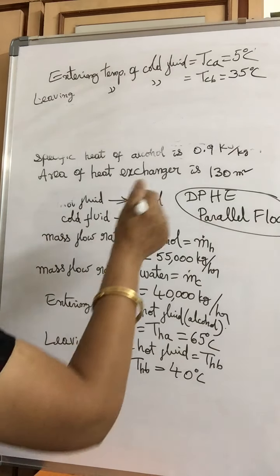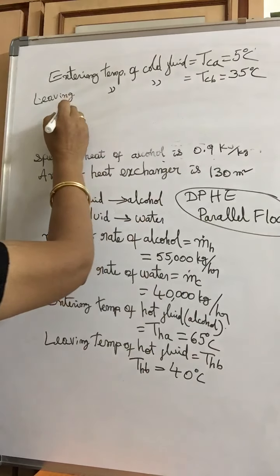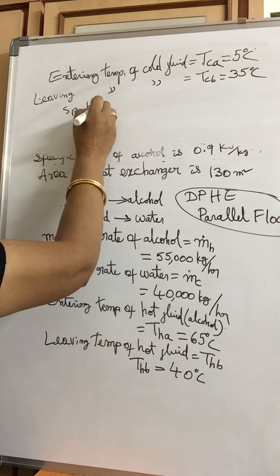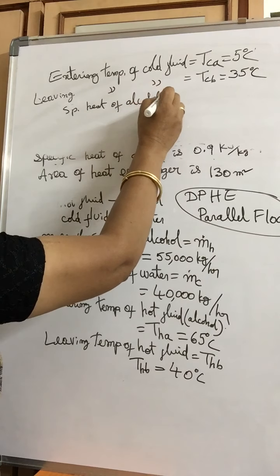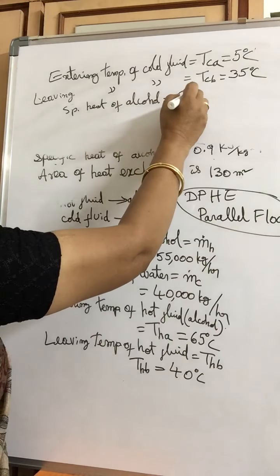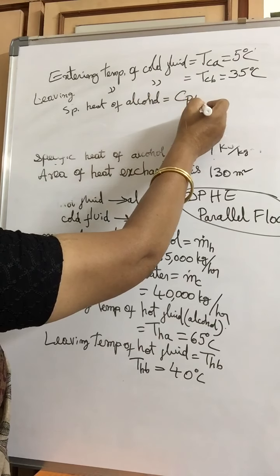Then what other information is given? Specific heat of alcohol is represented by Cp_H, since H indicates hot fluid, alcohol being the hot fluid.